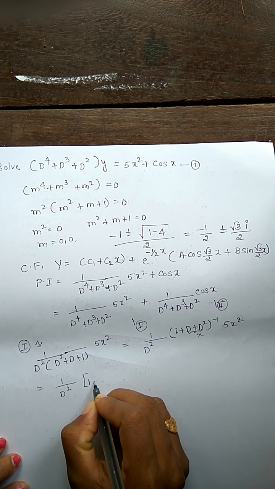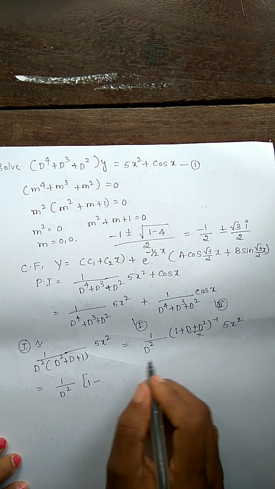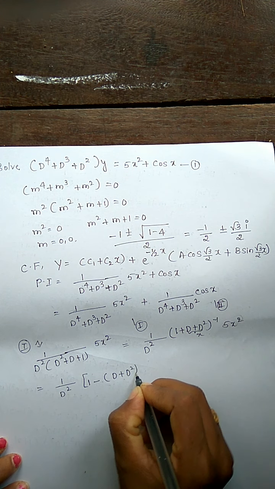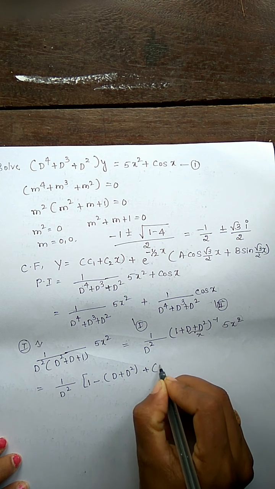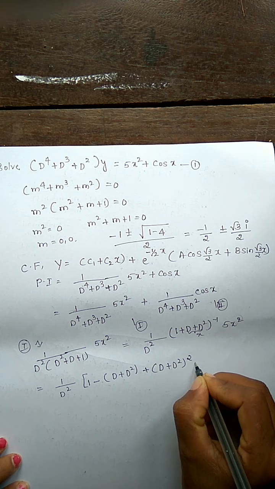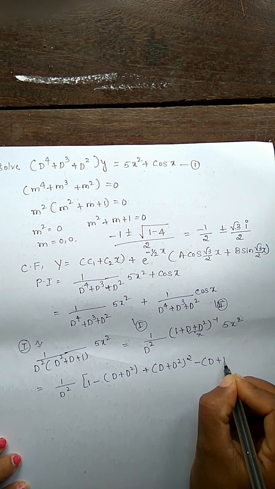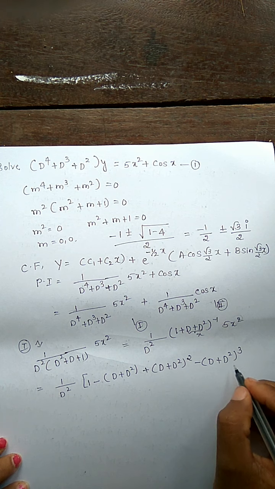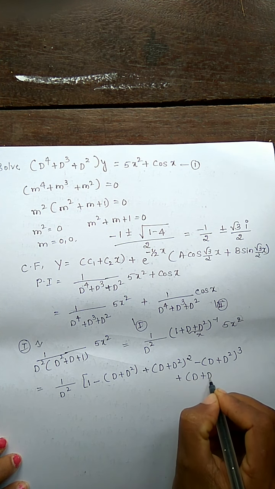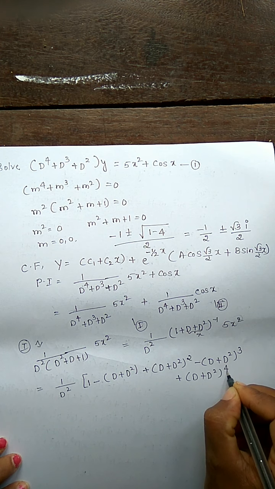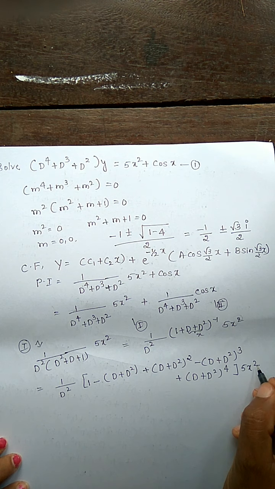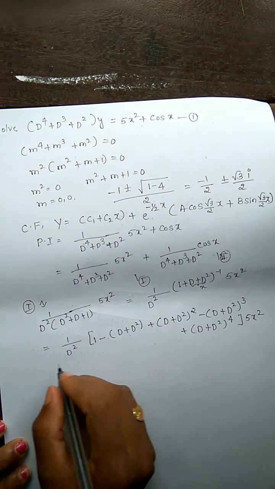1 minus, now D plus D square I will treat as a single term. So at that time D plus D square plus D plus D square power 2 minus D plus D square power 3 plus D plus D square power 4 into 5 times x square. So further simplify this one.